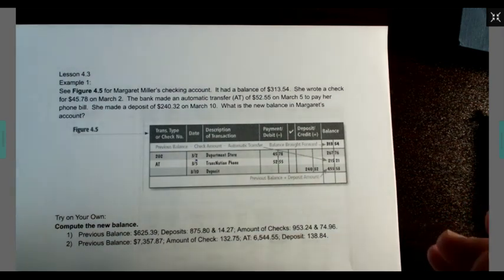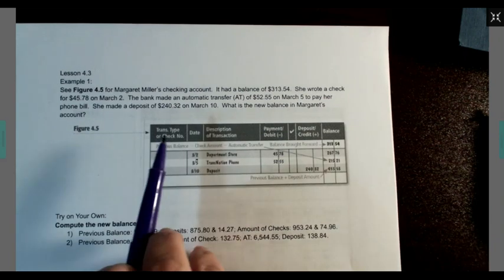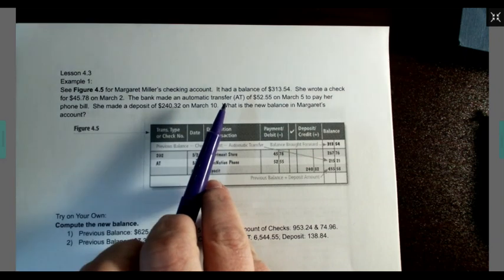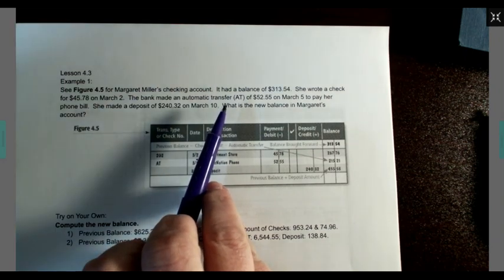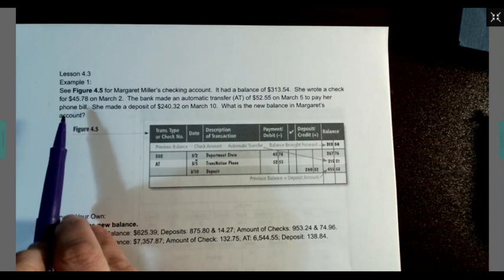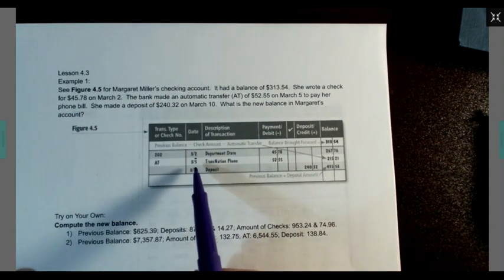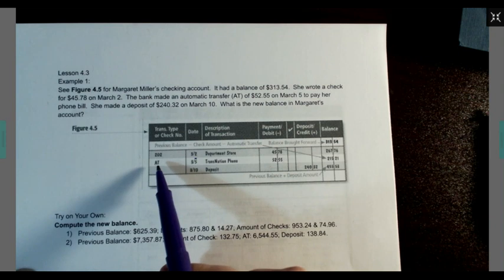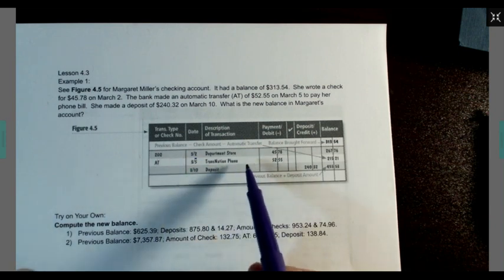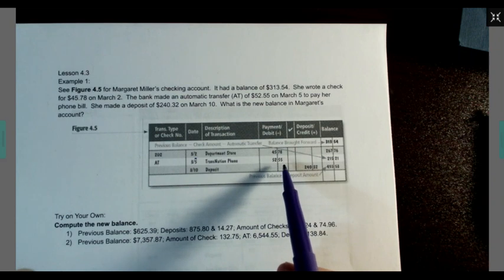Then it says that the bank made an automatic transfer, which means she approved for money to come out of her account to pay a bill. In this case, it was to pay her phone bill. Note that on 3/5, they did an automatic transfer that they labeled as AT for the phone for $52.55.